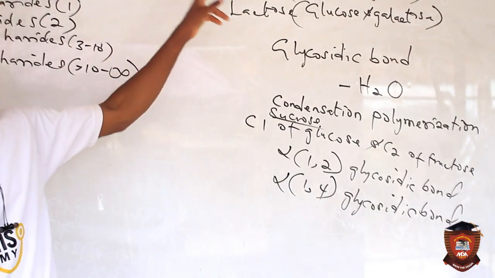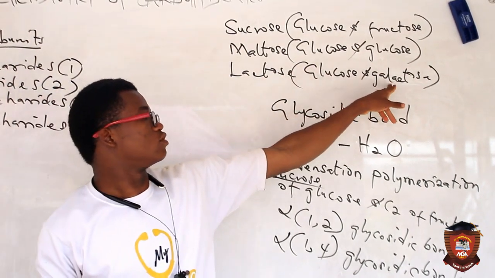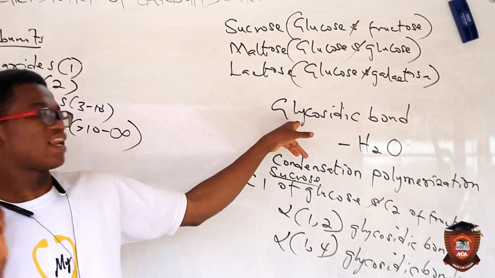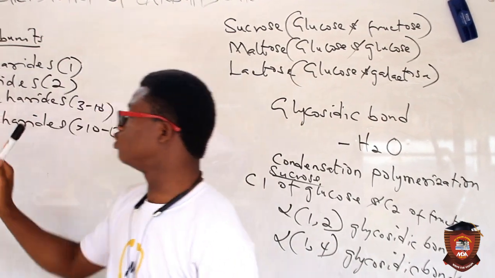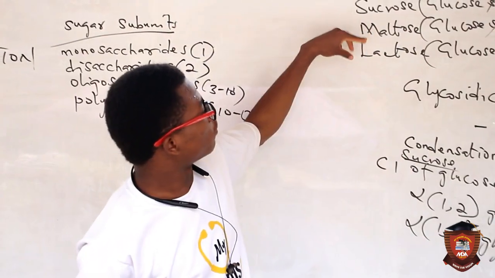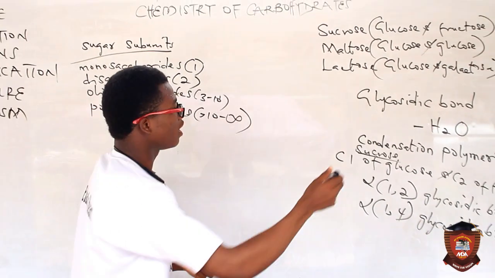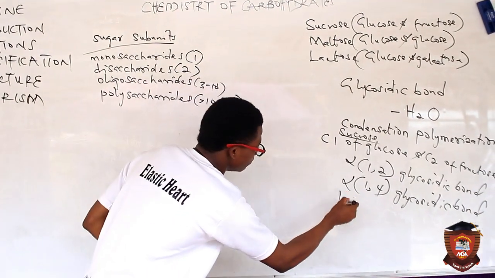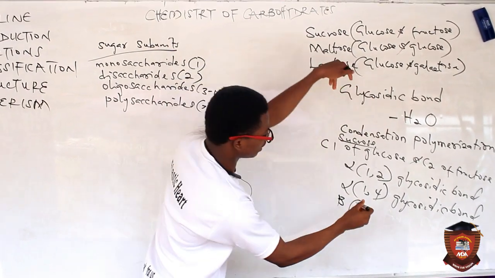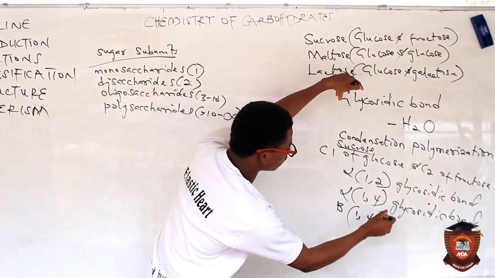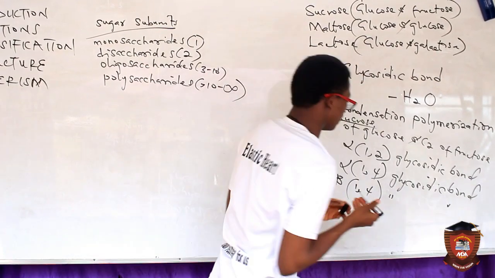So in lactose, which contains glucose and galactose, the glycosidic bond of lactose is a beta glycosidic bond, but we'll understand the implication when we look at the isomerism. But for now, the lactose is formed by glucose and galactose, and the glycosidic bond is a beta bond, and it is found between the carbon 1 of glucose and carbon 4 of galactose. So it is a beta 1,4 glycosidic bond.